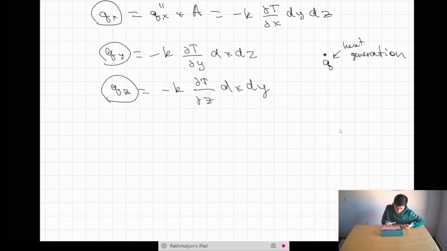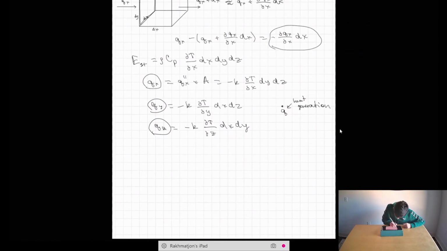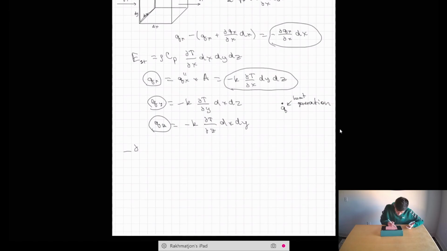So I can write it as the negative small change in qx, which is going to be this equation, right? And the negative, negative, so they can cancel, and so I can get rid of the negative sign.